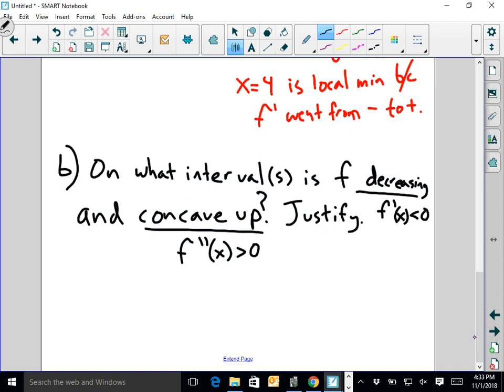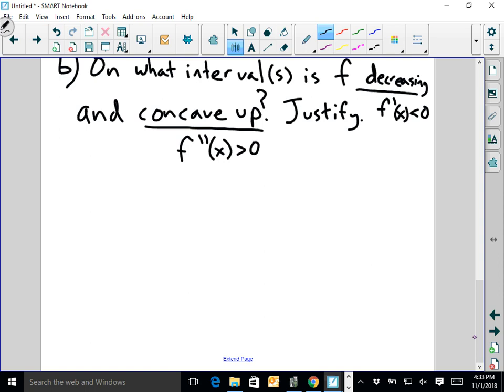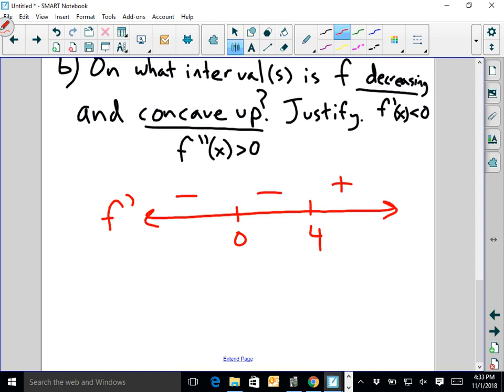So that's the two things I'm looking for. The nice thing is I'm just going to copy my work down from part A. So I'm going to put my f prime number line right here. I had 0 here and 4 here. So I'm just going to use that again. And what I want to do is make an f double prime number line.